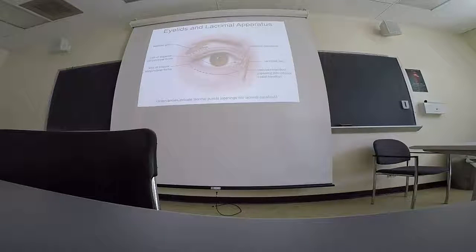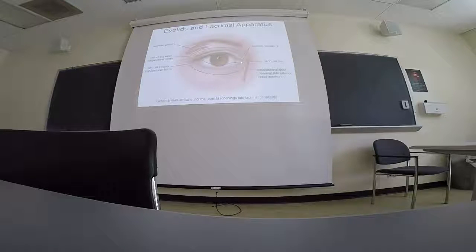Okay, like I said, the lacrimal gland located superolaterally in the orbit, and that's going to be producing tears. Okay, which will drain from a lateral to medial aspect across the surface of the eyeball, and those tears will drain into these little tubes, these lacrimal canaliculi.